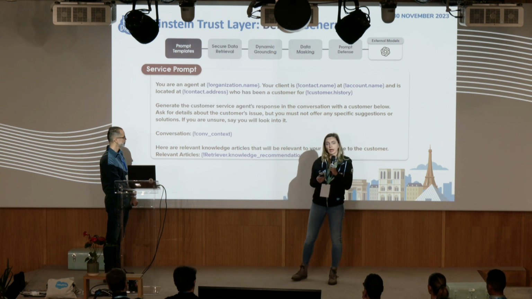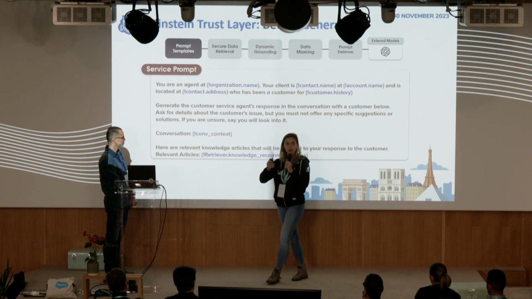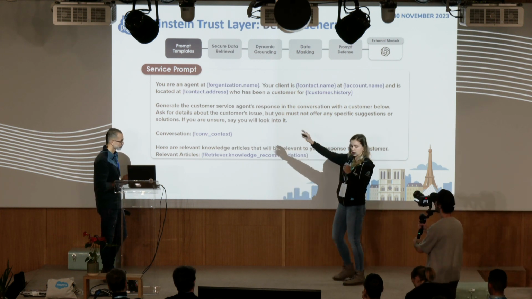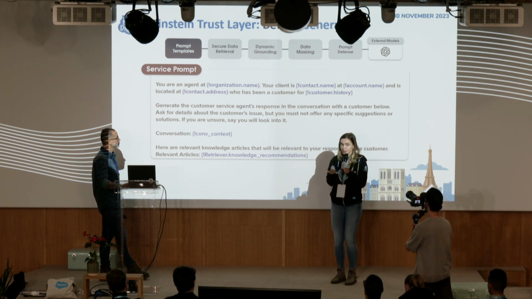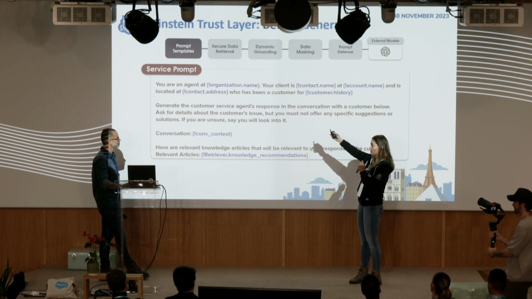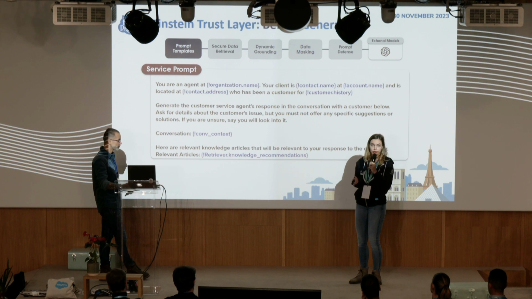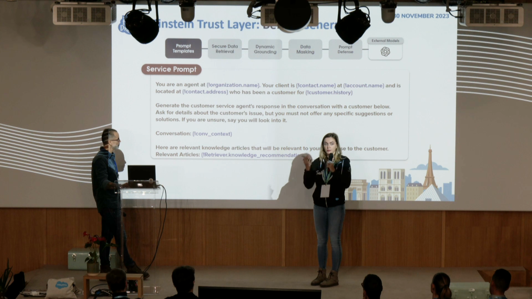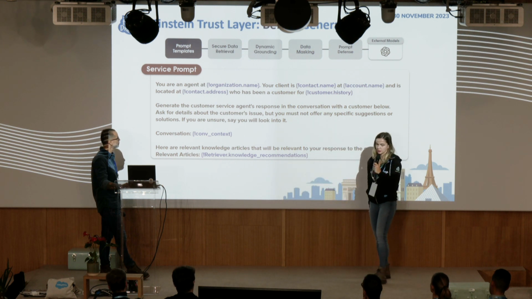And the service agent doesn't have access to this prompt especially, but it's just, for instance, click the button to solve the case. And then the prompt is ready. The prompt might look like this. There are, as you can see, some placeholders. That is the power of Einstein Trust Layer, because you can fulfill these placeholders with the data coming from the sources, CRM or ERP or Data Cloud or whatever else. And then the context of your prompt will be updated according to the customer situation.